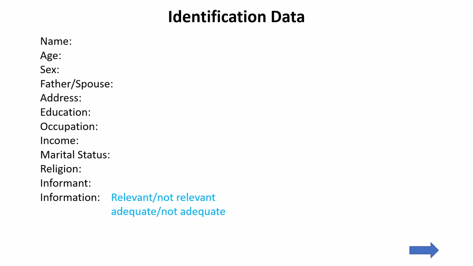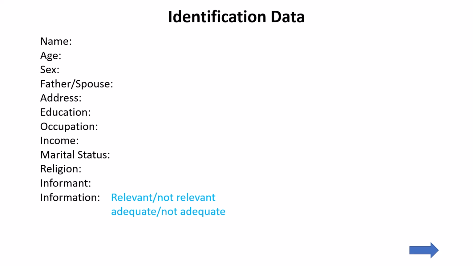Religion: based on religion we can understand the culture, because different religions follow different cultures. Some behavior is not acceptable in one religion, but it is acceptable in another religion. To understand that, religion in the identification data will help the psychiatric nurses and psychiatric doctors.